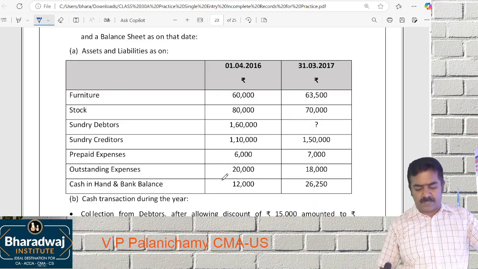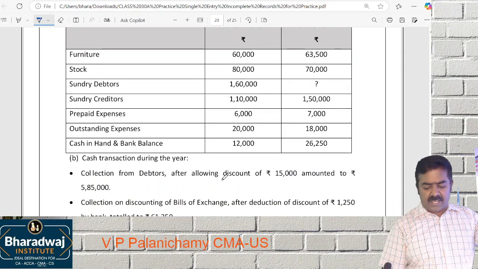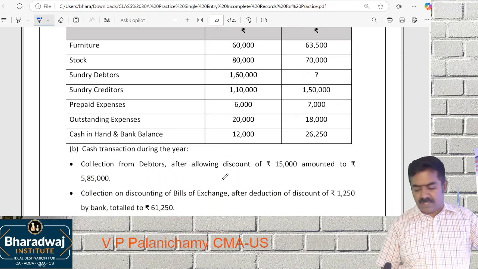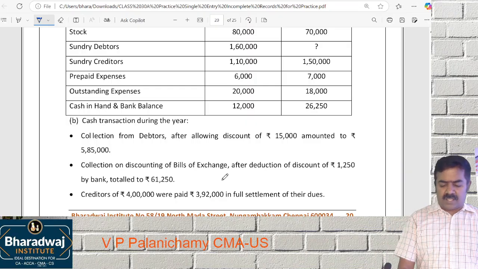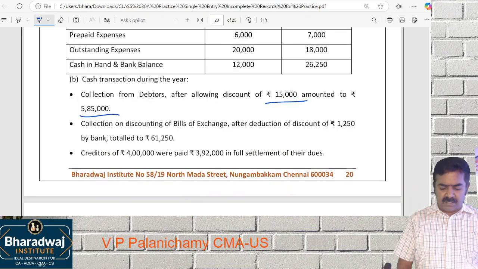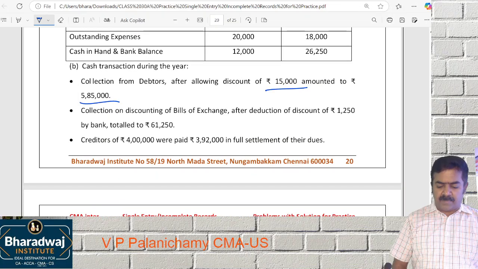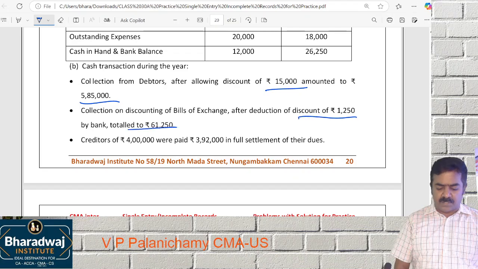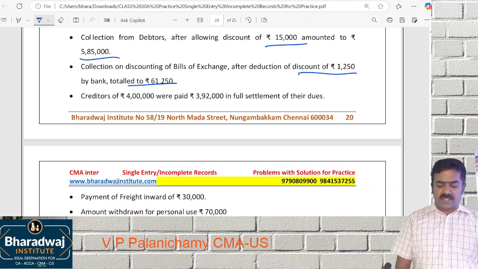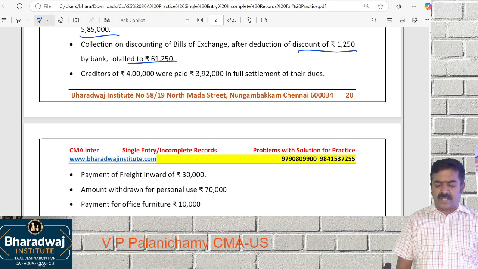Creditors, prepaid expenses, outstanding expenses. Cash in hand and bank balance is given together. Then collection from debtors after allowing a discount is given. Then collection by discounting the bills of exchange after discounting of 1,250 is 61,250. Creditors were paid 4 lakh in full settlement, we have paid only 3 lakh 92,000.